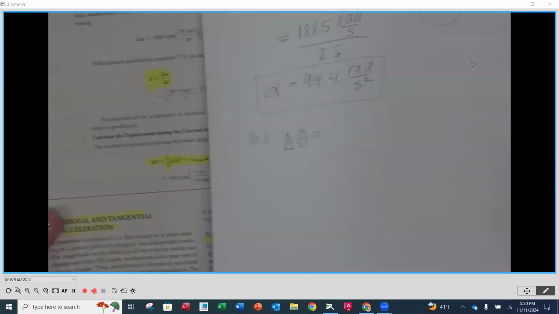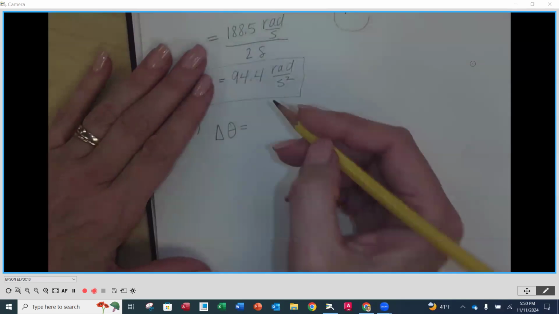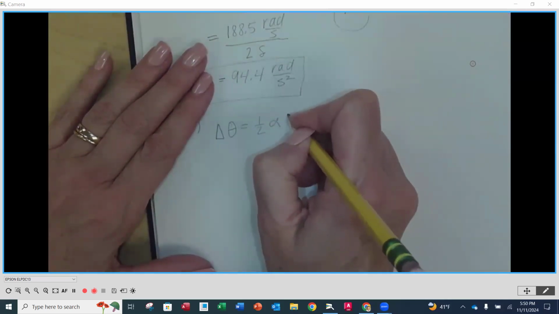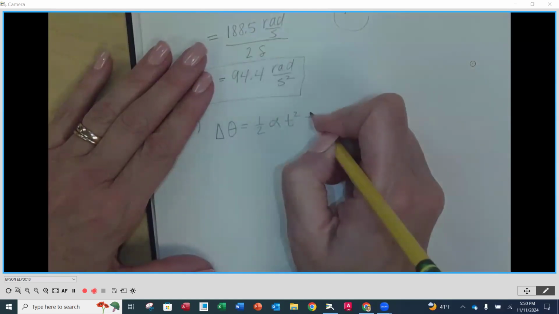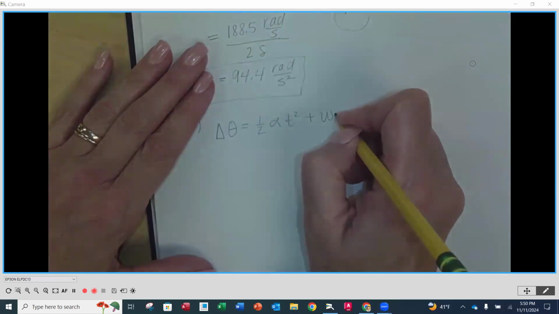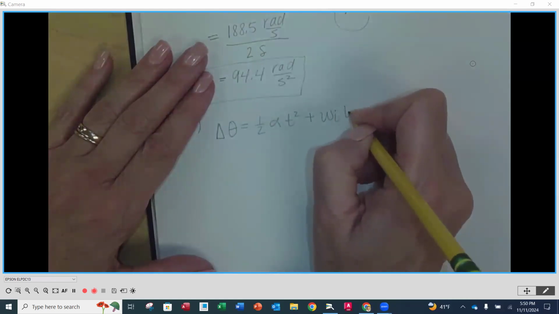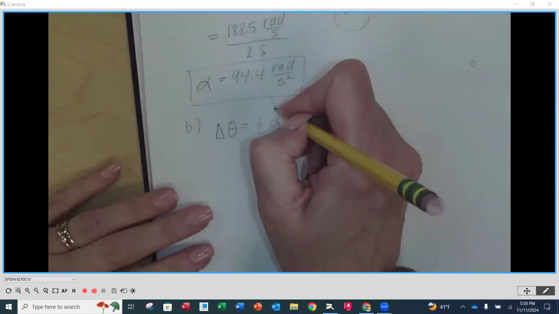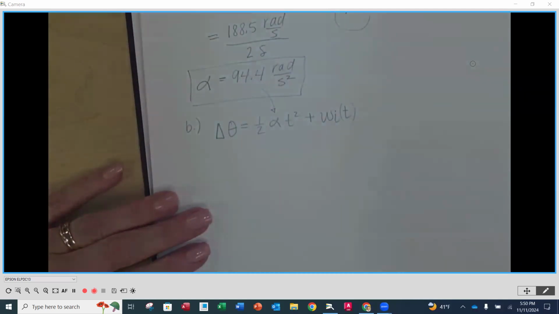So we'll write that out. And now using that angular acceleration from above, that's going to go right there. Let's calculate how much displacement we're going to get.